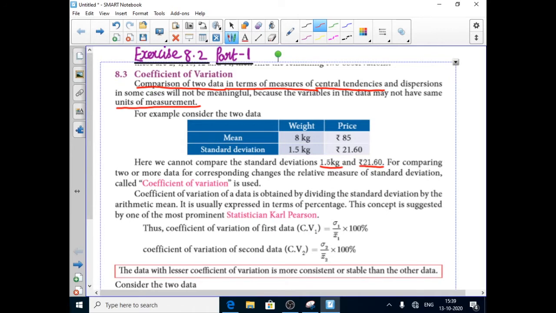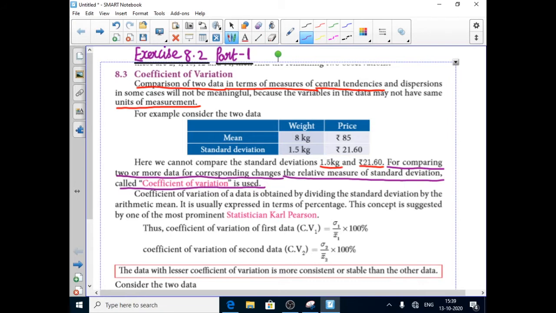The coefficient of variation means, for comparing two or more data for corresponding changes, the relative measure of standard deviation is called the coefficient of variation.